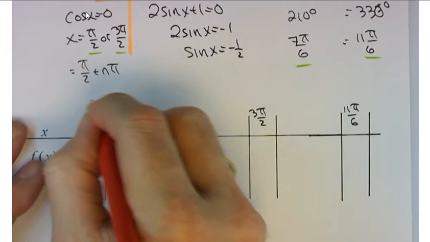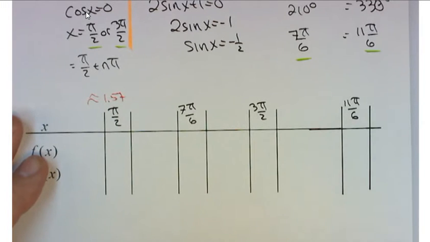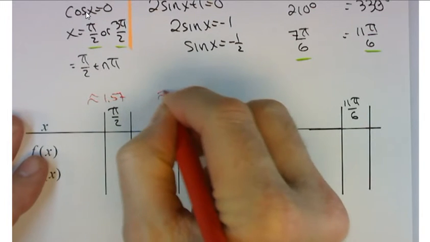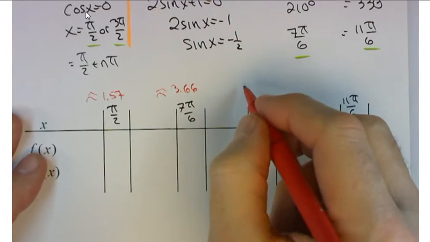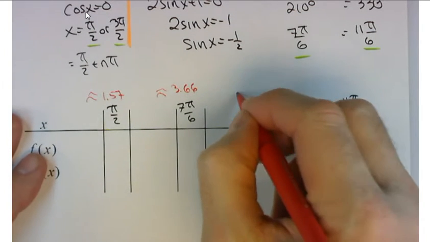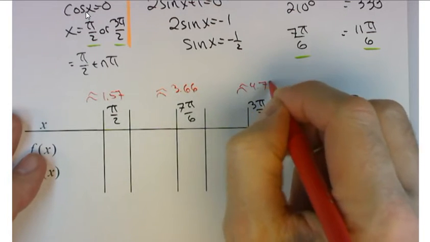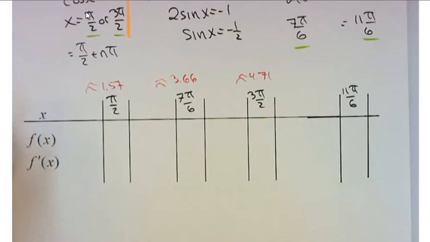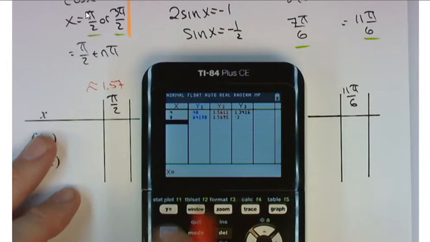So this is approximately 1.57. 7 pi over 6 is approximately 3.66. 3 pi over 2 is approximately 4.71. And let me show you the last one. All I'm doing is just taking and plugging these into my calculator.